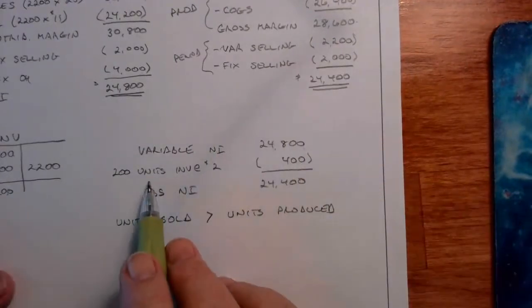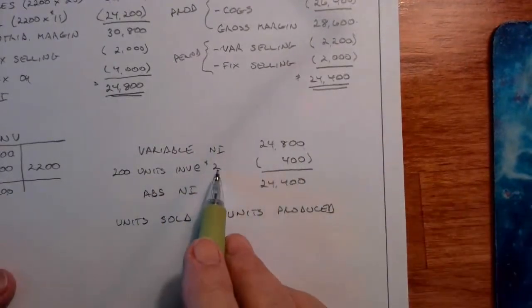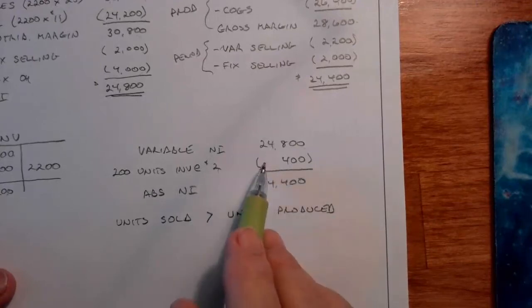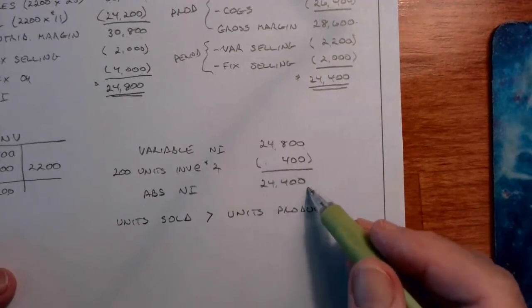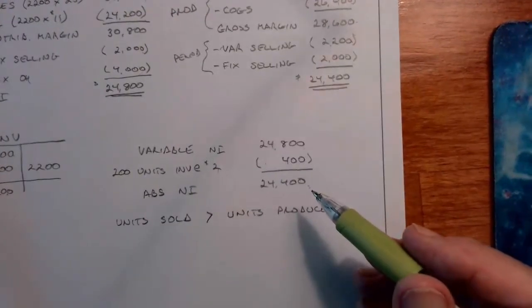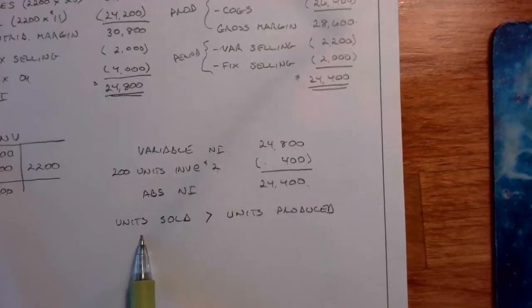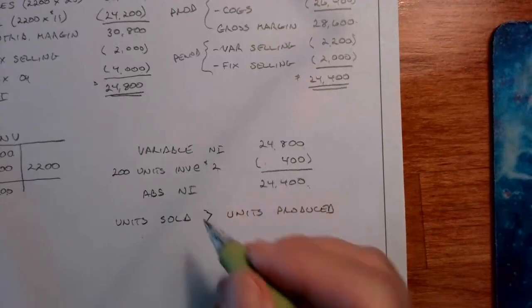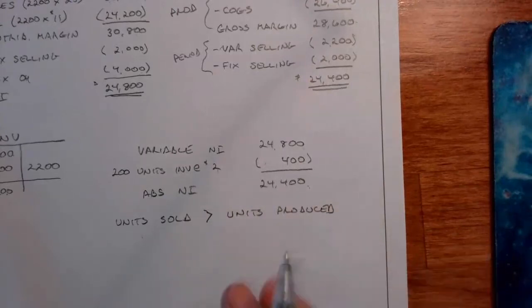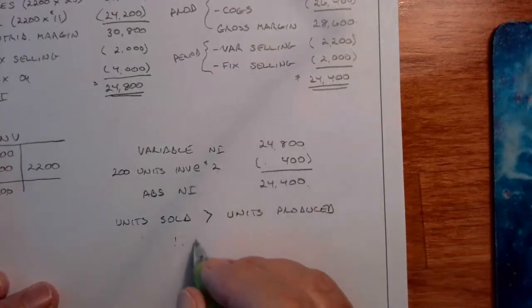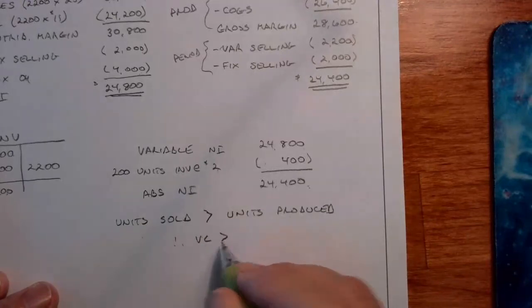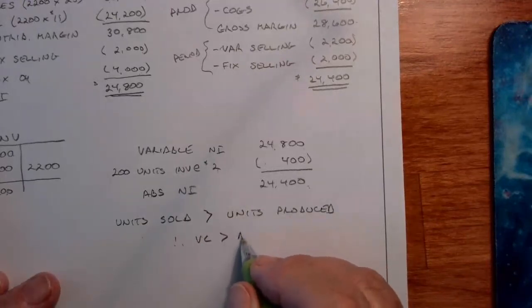I've got 200 units at $2 per unit of fixed cost, $400. That brings us to our absorption costing net income. In this case, the units sold are greater than the units produced, so therefore variable costing income is greater than absorption costing income.